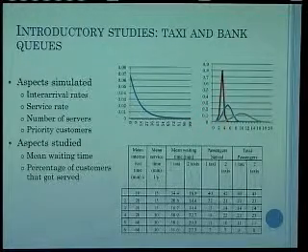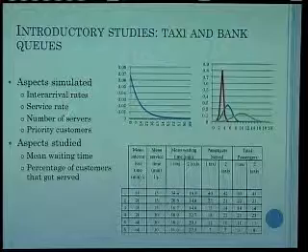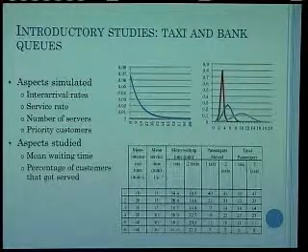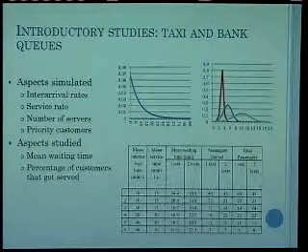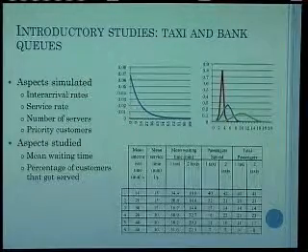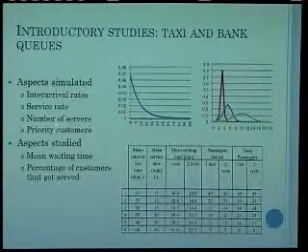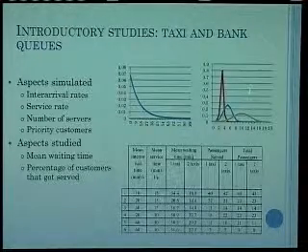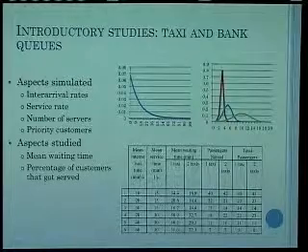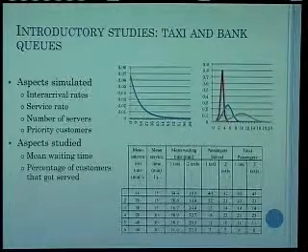So things that we look at are the interarrival rates, so how are customers arriving? How long are they taking to be served? How many servers do I have available? Are there priority customers? And for these rates, you can simulate by Poisson, exponential rates, Gaussian rates, or even random sometimes.